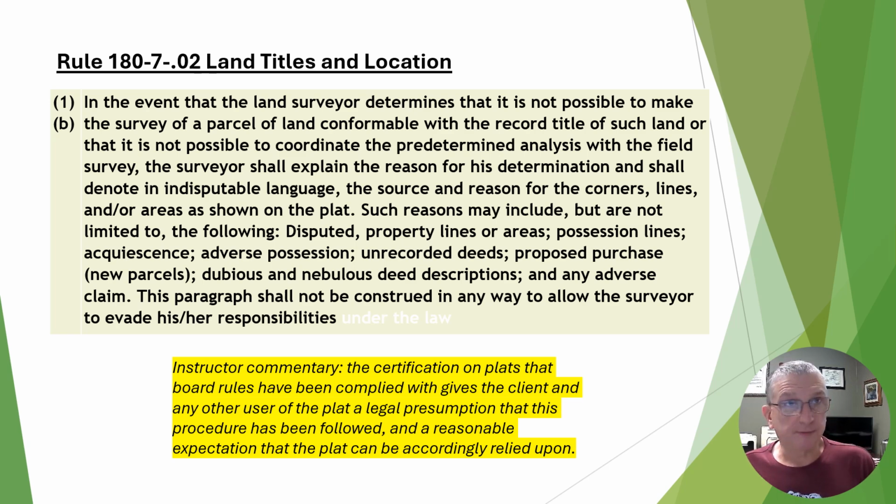And of course, usually if you get into a fix like that, you need to talk to the adjacent owners. And part of your indisputable language might be as identified by adjacent owner John Doe.